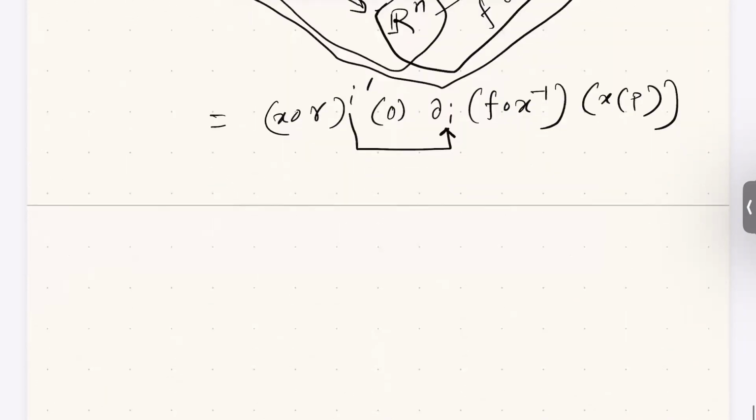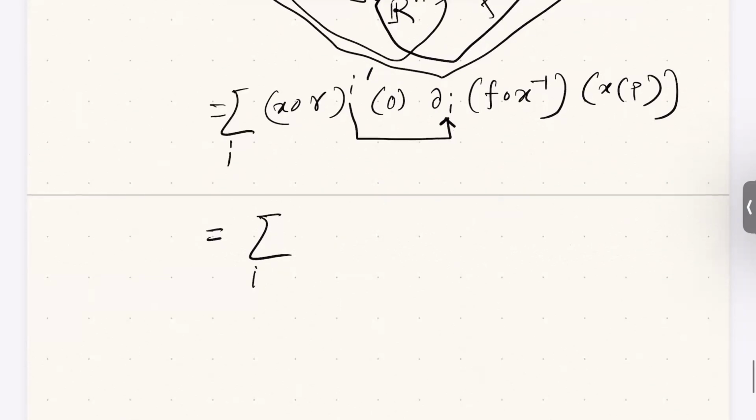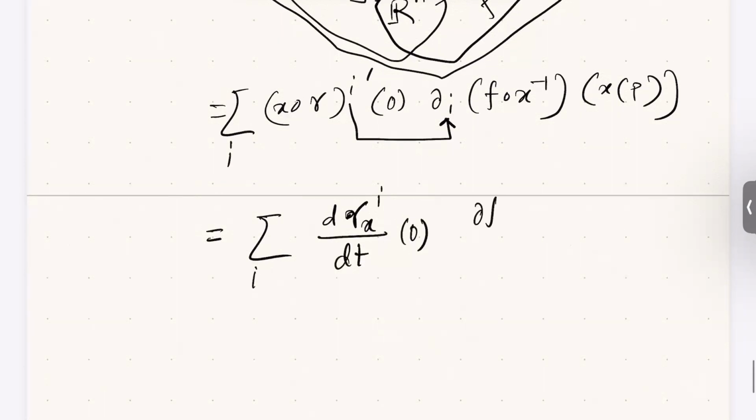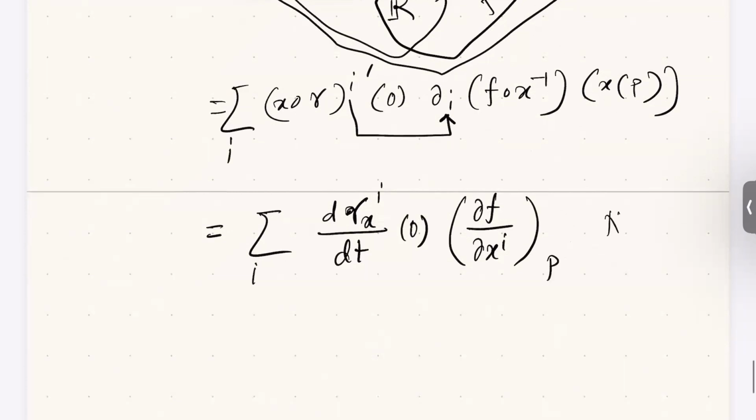Okay, so for notational simplicity, let us just define something like this. Also there is a summation over i. So this is x∘γ, this is the ith coordinate. So let us just write it like this: d(γ^i_x)/dt evaluated at the point 0, and this one is ∂f/∂x^i. So this is just notation. If we see something like this, then we need to translate it to this.